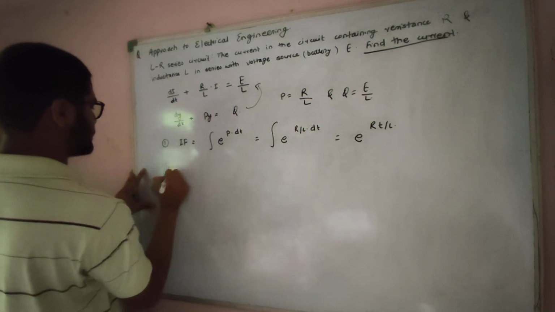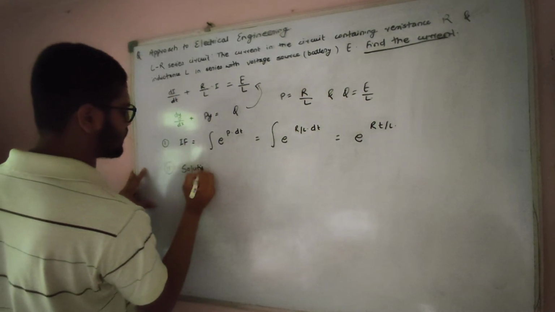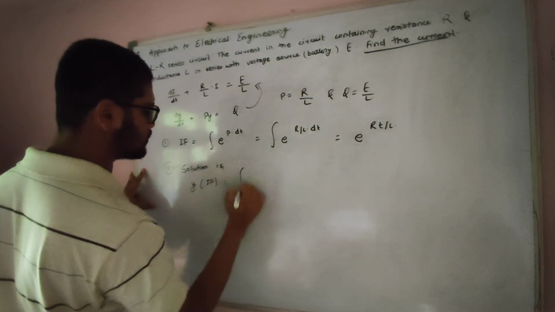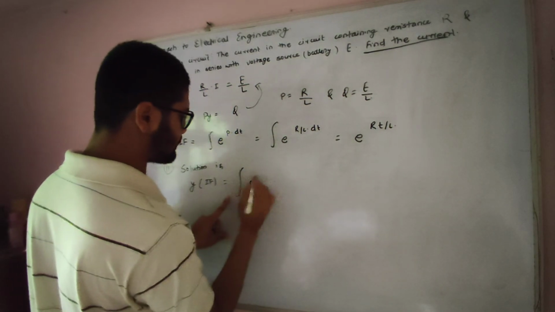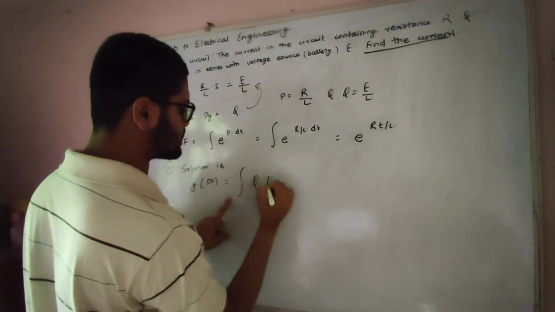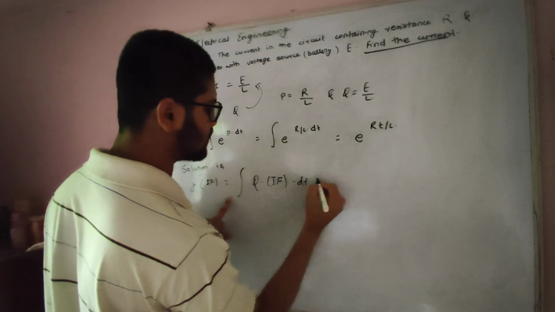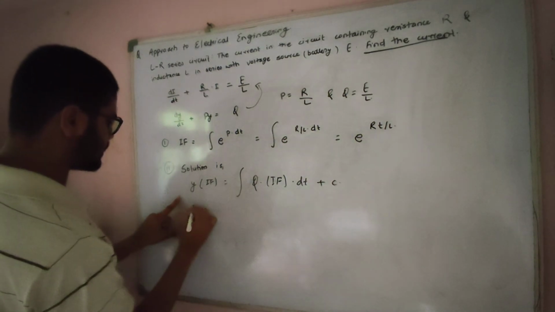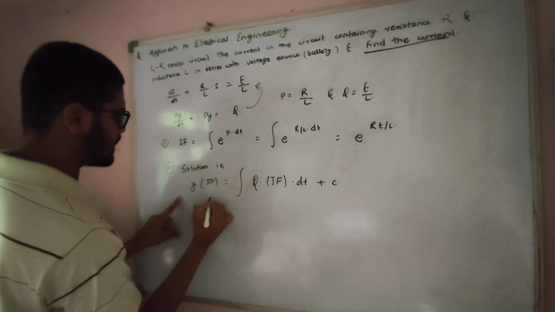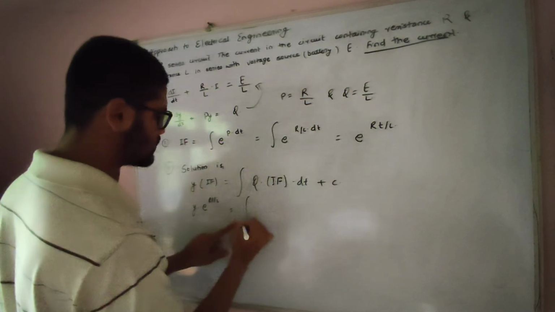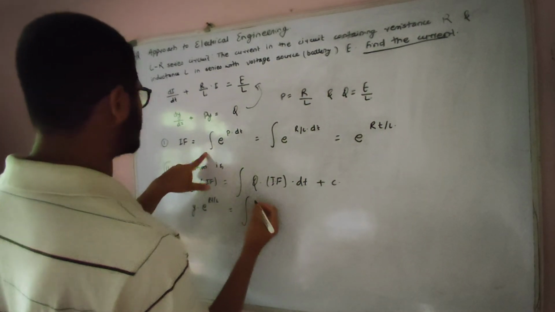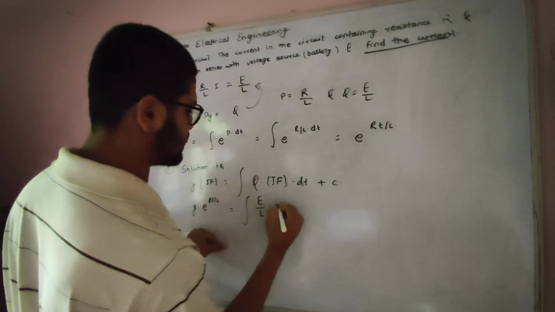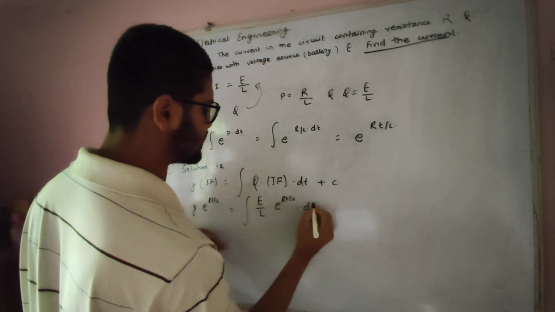The second step is to find the solution: y times the integrating factor is equal to the integral of Q times the integrating factor dt plus C. So I'll substitute the value of the integrating factor here.